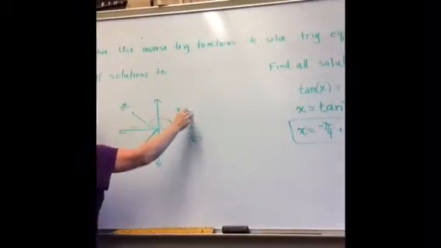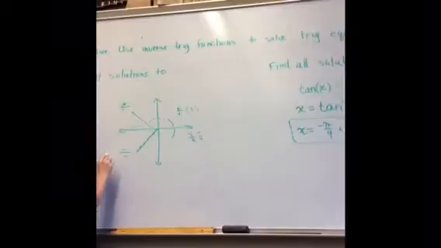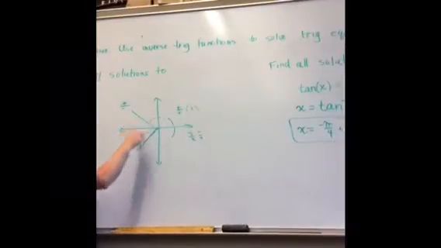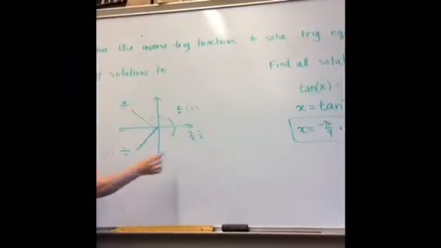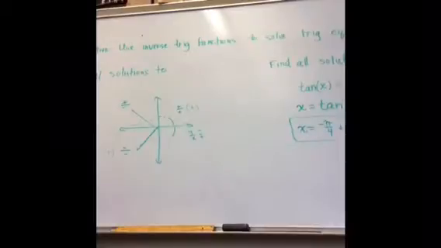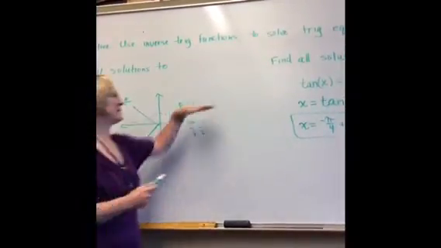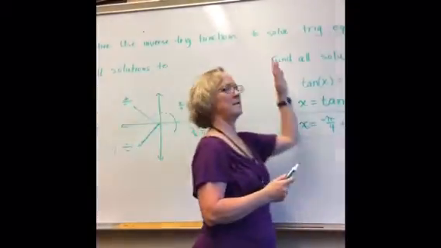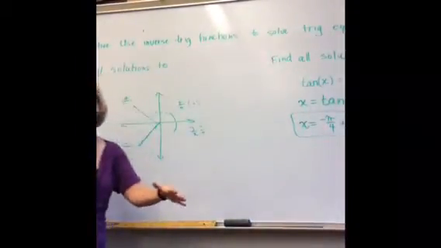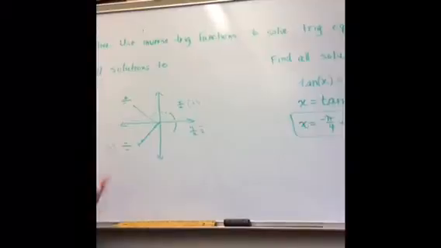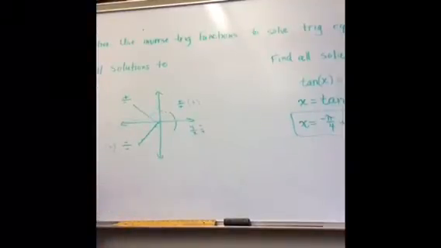So the result of this is positive, and the result of this is positive. So even though it does occur at two different places, since the tangent curve repeats itself every pi, you don't have to write both starting points down on that one.